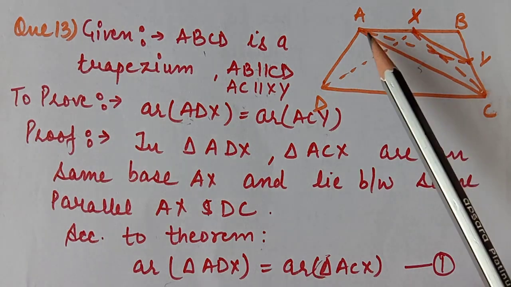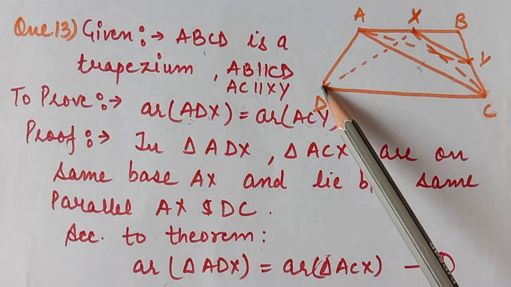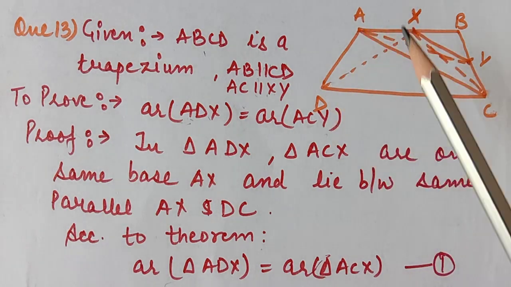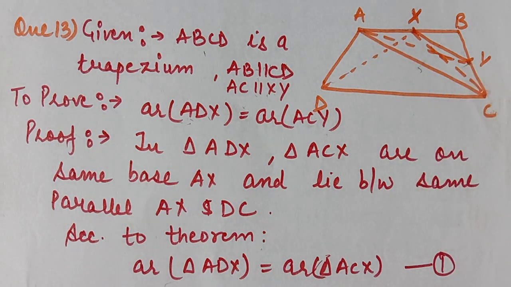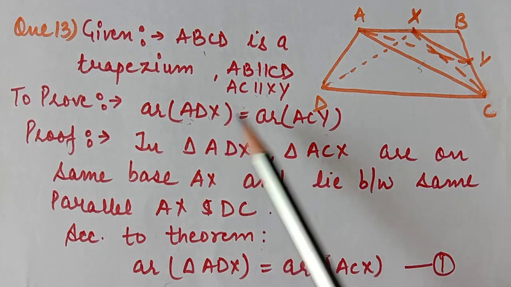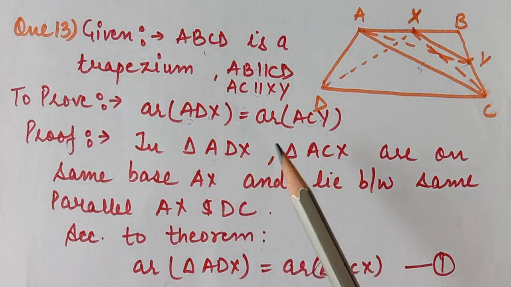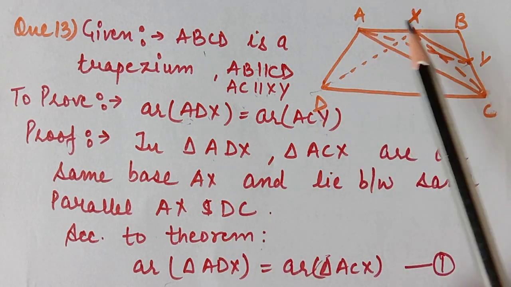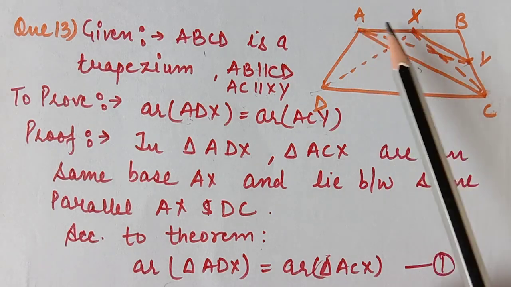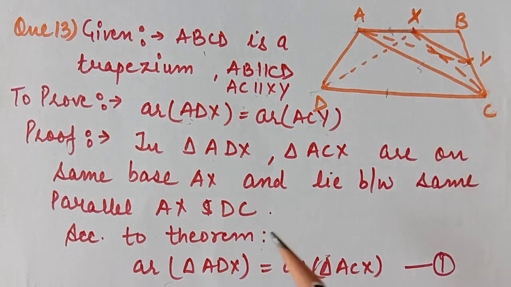So we know it very well that triangles ADX and ACY do not have any common base lying between the same parallels. So we will choose another triangle which has a connection with these two triangles. In triangles ADX and ACX, they are on a common base AX and lie between two parallels, AX parallel DC.